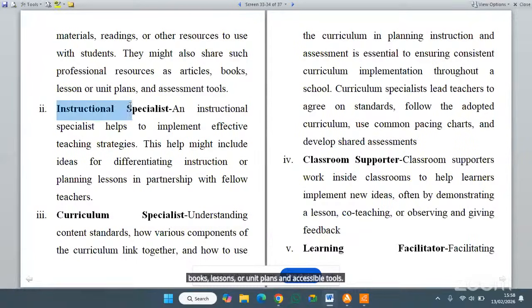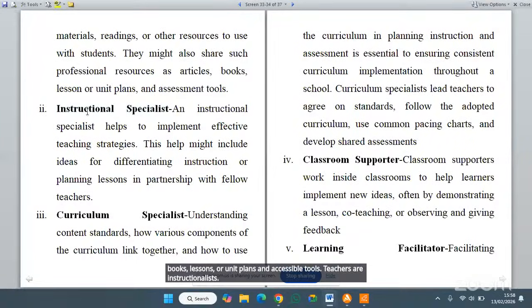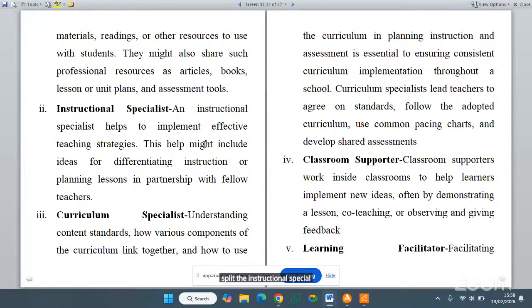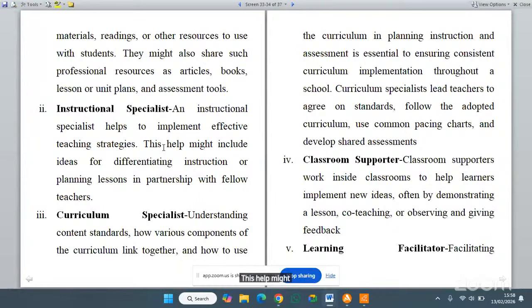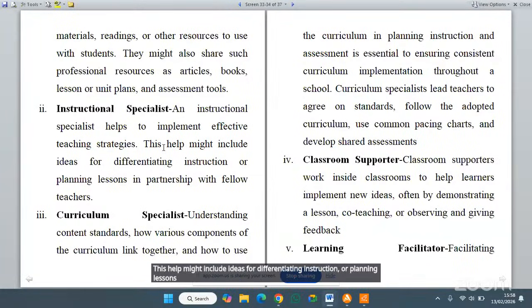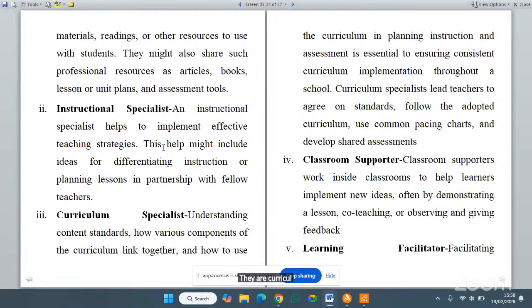Teachers are instructionalists, instructional specialists. They help to implement effective teaching strategies. This help might include ideas for differentiating instruction or planning lessons in partnership with fellow teachers. They are curriculum specialists. They interpret curriculum.